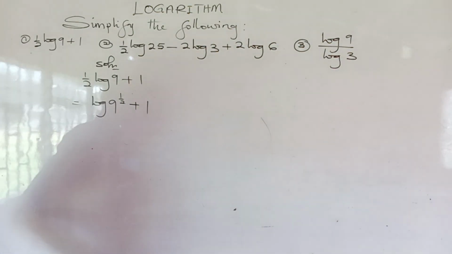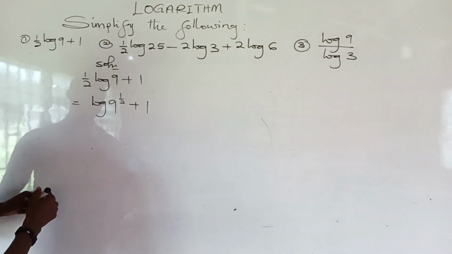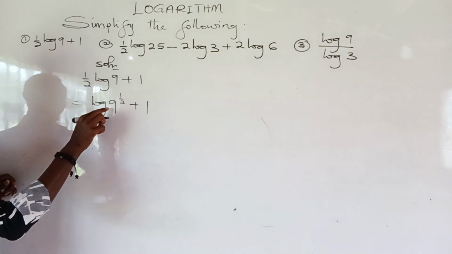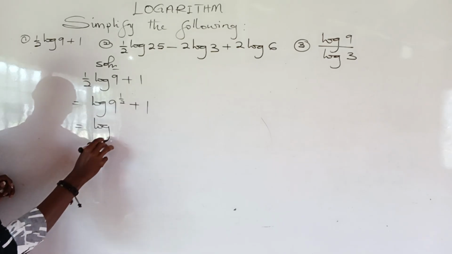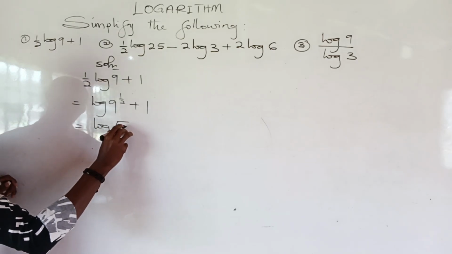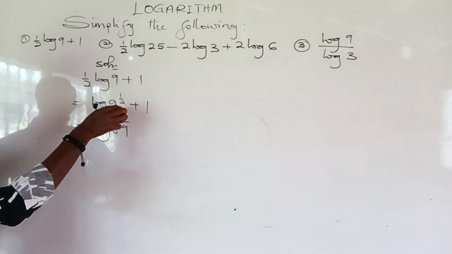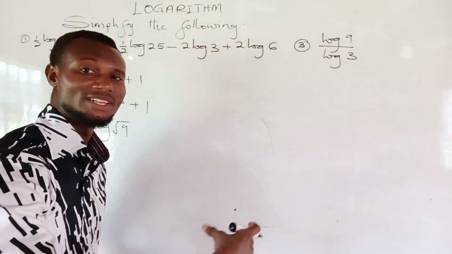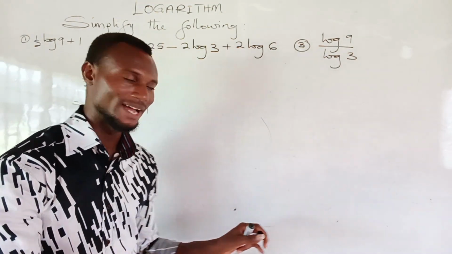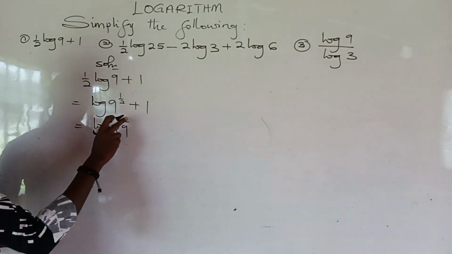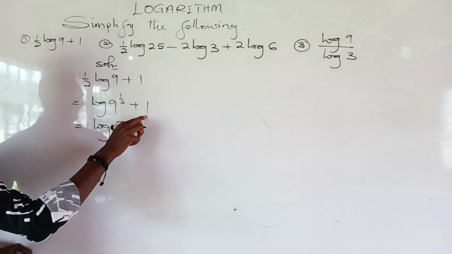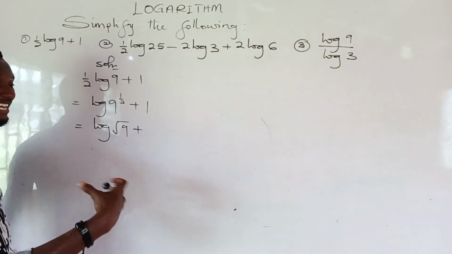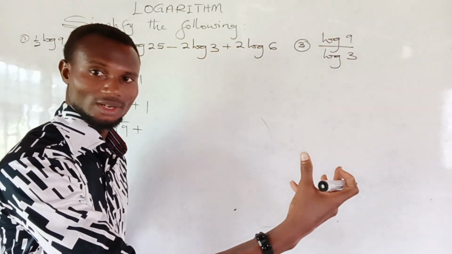So from what we've learned right now, we can go ahead and write this one as the log of square root of 9, because I've explained that any number to the power half simply means the square root of that number. So I'm going to have log of square root of 9 plus, then this one, I'll write it in a form that contains log as I've explained.